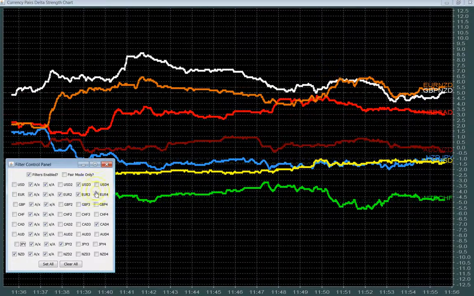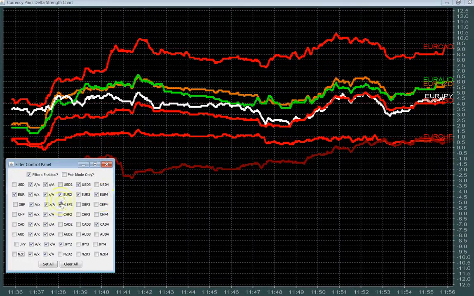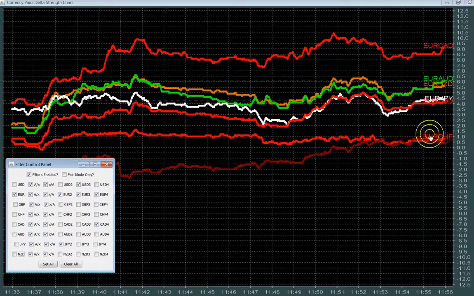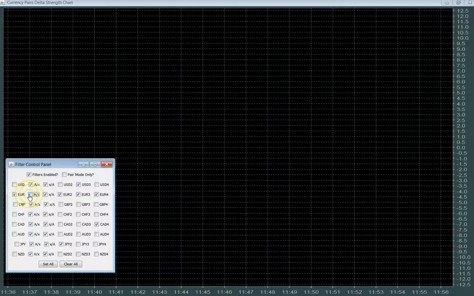So let's just pick something like the euro here and look at its currency pairs. So you can see that we have Euro CAD, Euro Aussie, Euro New Zealand, Euro Yen, Euro US dollar, Euro Swiss franc, and Euro pound. So if we were to eliminate everything where the euro appeared on the top, if we were to eliminate that, we have no observation.